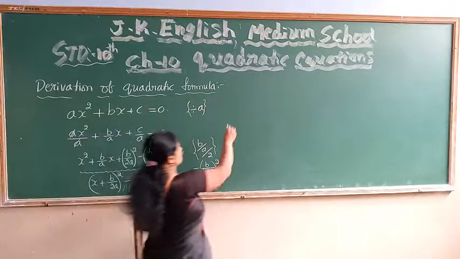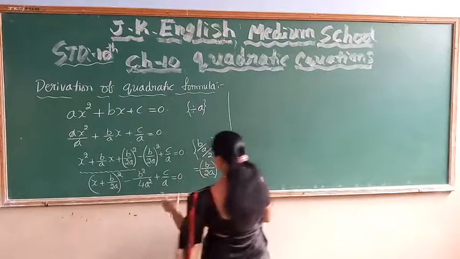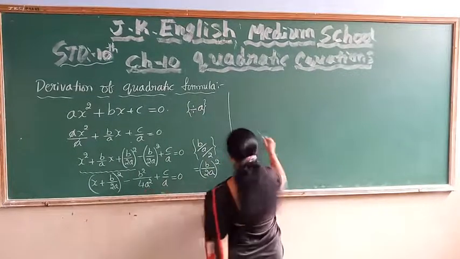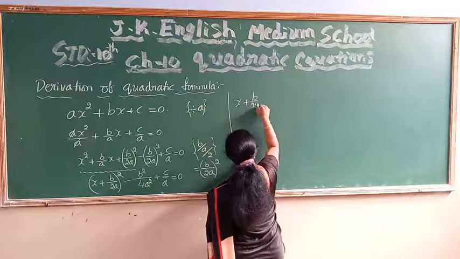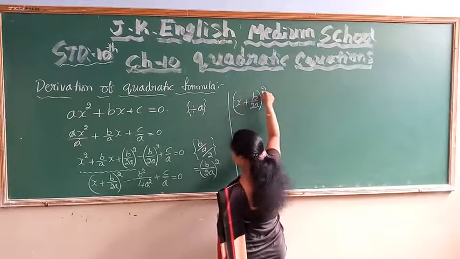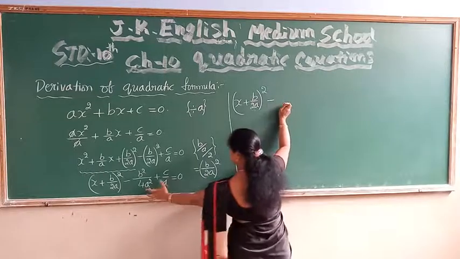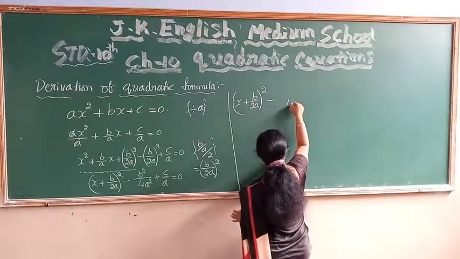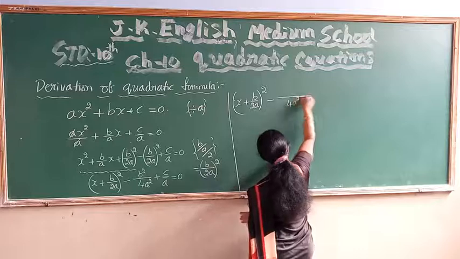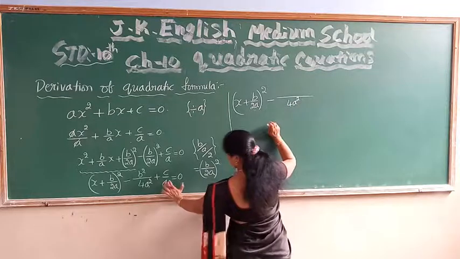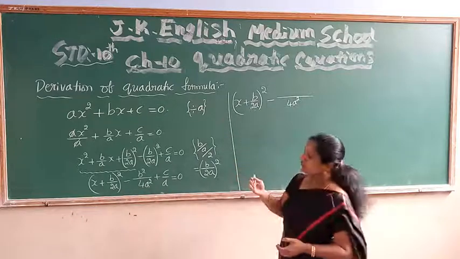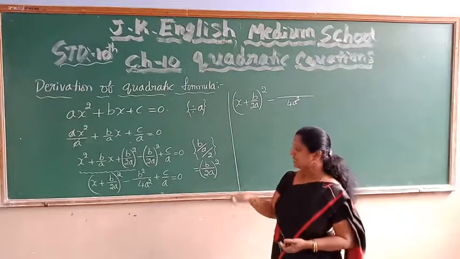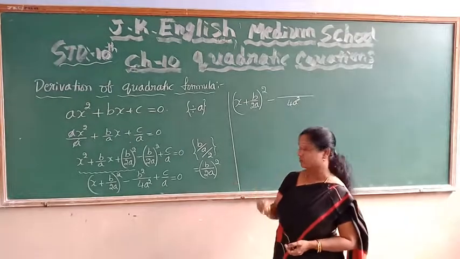After this step, children, you take the LCM for these two. x plus b by 2a whole square minus, the LCM of 4a square and a is 4a square only, because the highest power of a is a square and 4 is only one term.